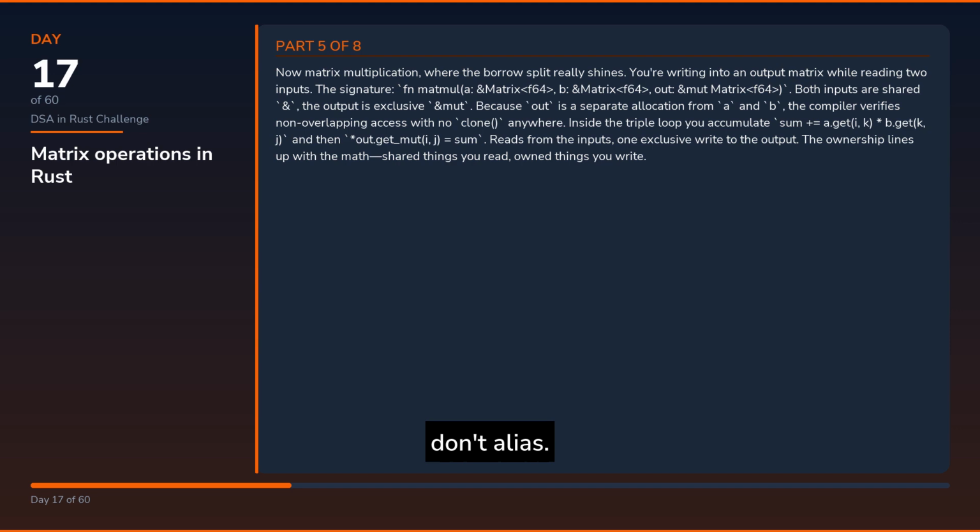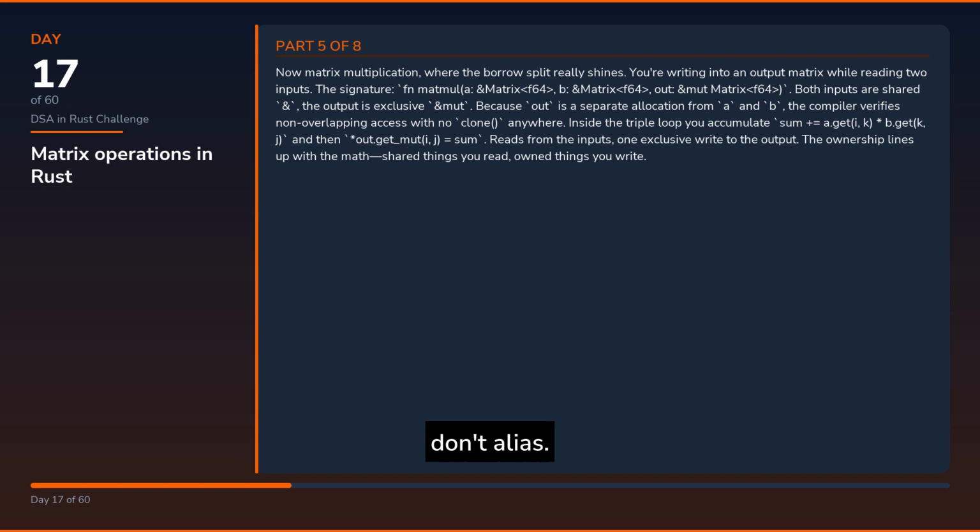Now matrix multiplication, where the borrow split really shines. You're writing into an output matrix while reading two inputs. The signature: fn matmul(a: &Matrix<f64>, b: &Matrix<f64>, out: &mut Matrix<f64>). Both inputs are shared. The output is exclusive &mut. Because out is a separate allocation from a and b, the compiler verifies non-overlapping access with no clone anywhere.